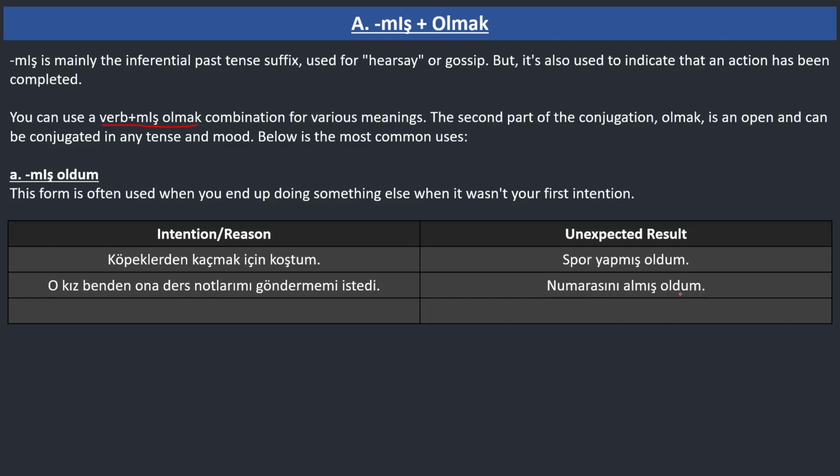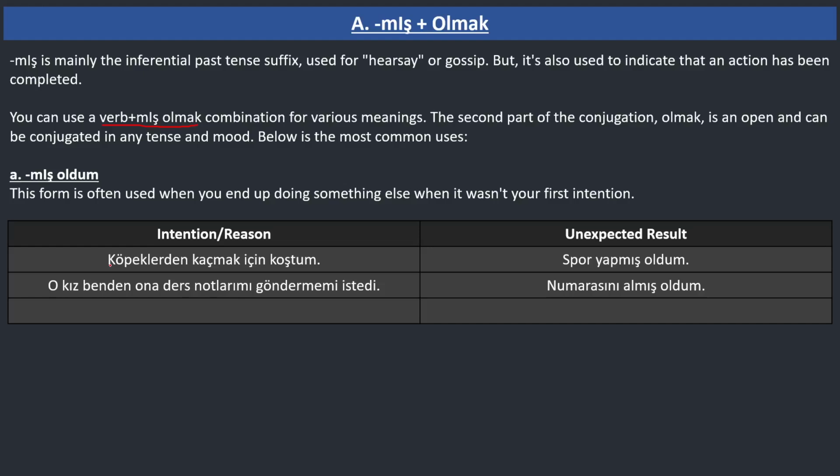So ended up, we need to elaborate this meaning a bit more. There's the intention and reason here. There's the context. The context says, köpeklerden kaçmak için koştum. Koştum, I ran. For what? I ran in order to escape from the dogs. So dogs attacked me. I ran in order to escape from them.